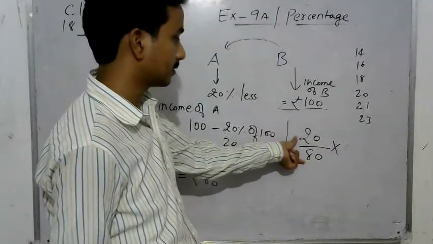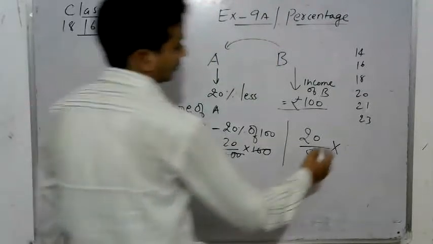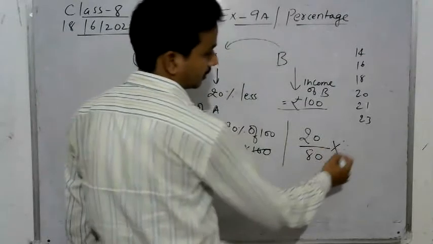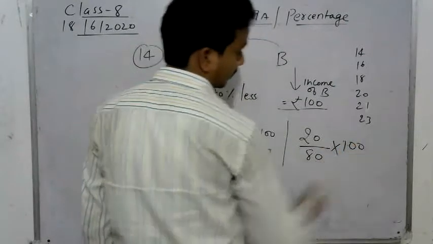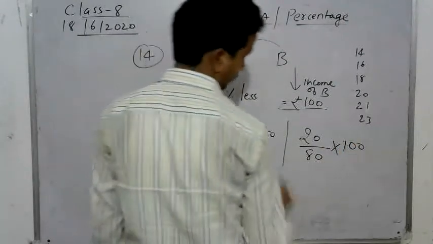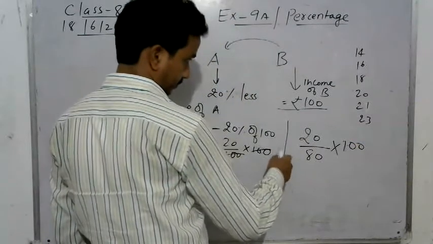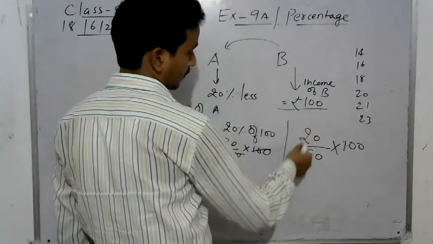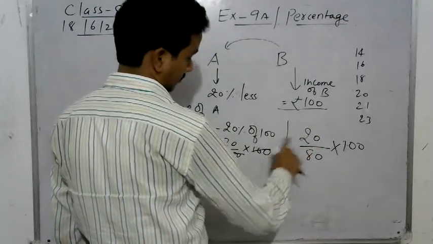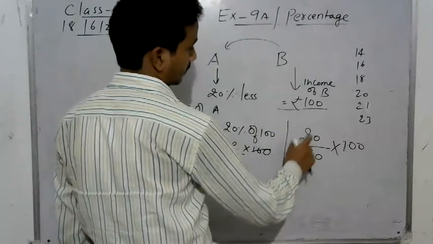This is a fraction of income. Now we have to change it into percentage, so we multiply by 100.